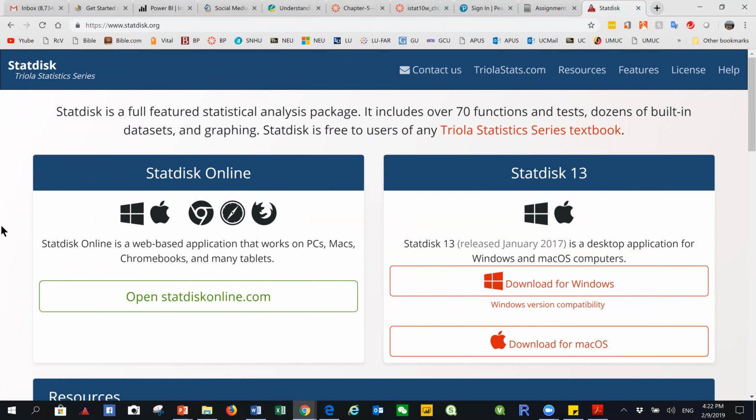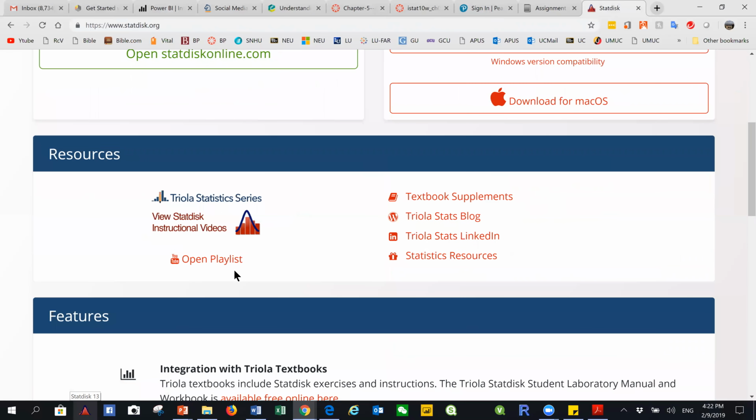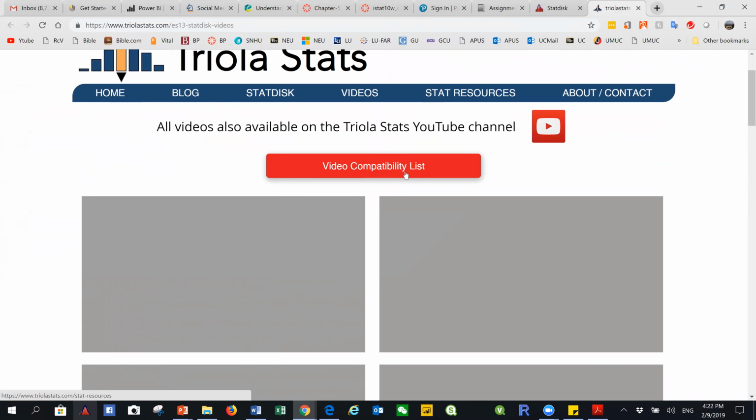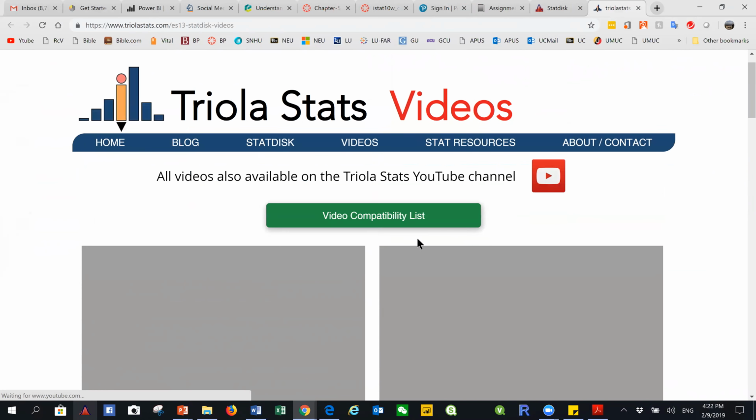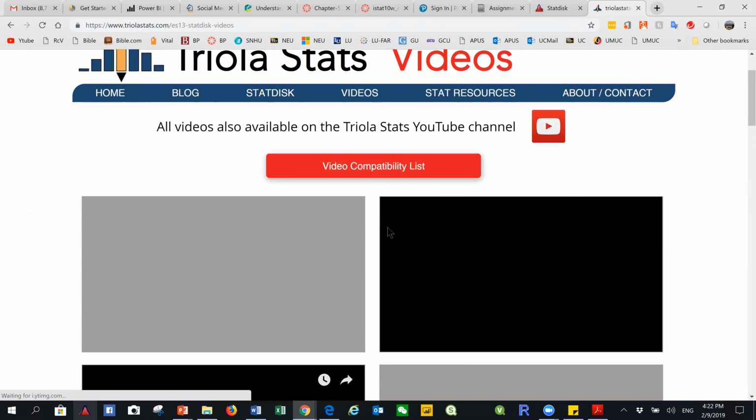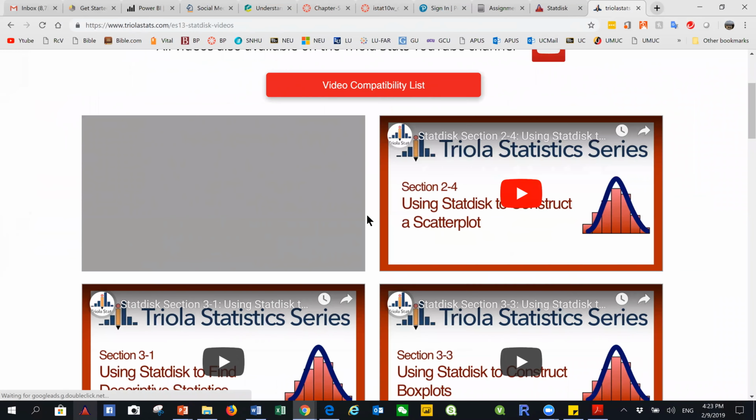That's easier, and it's compatible with everything. After you download and install it, you can go here and watch videos. We have an open playlist with videos on how to use it, including Excel and StatDisk. You can use either one.